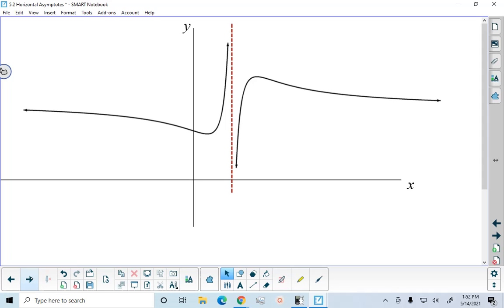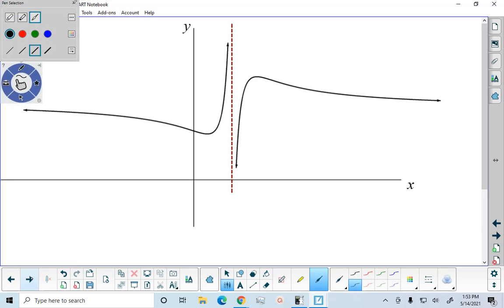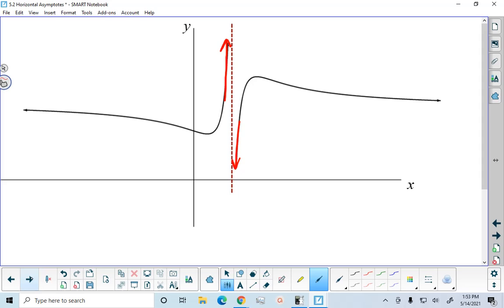I could say that the limit as x approaches a from the left is positive infinity because the graph is going up. I could say that the limit as x approaches that non-permissible value from the right is negative infinity. But again, I'm here right now to talk about horizontal asymptotes.